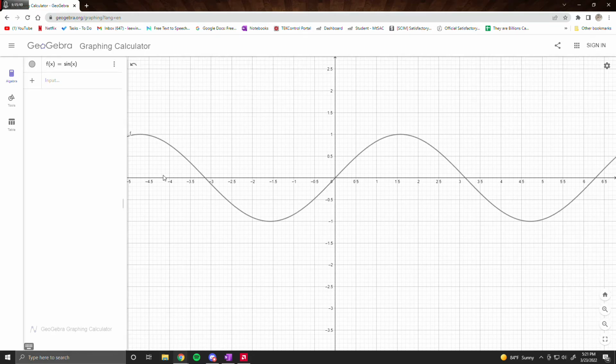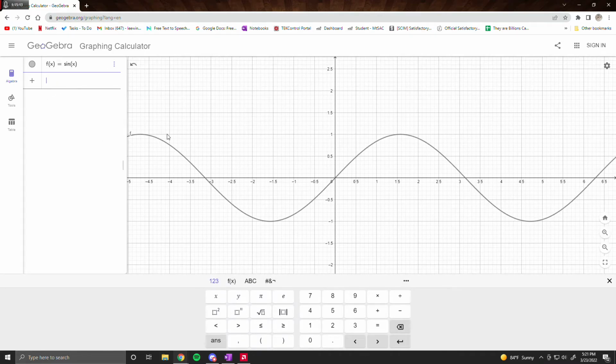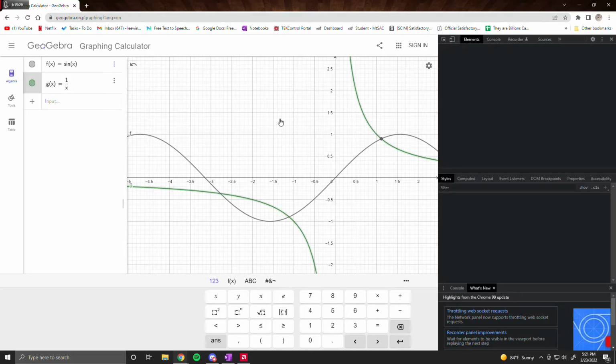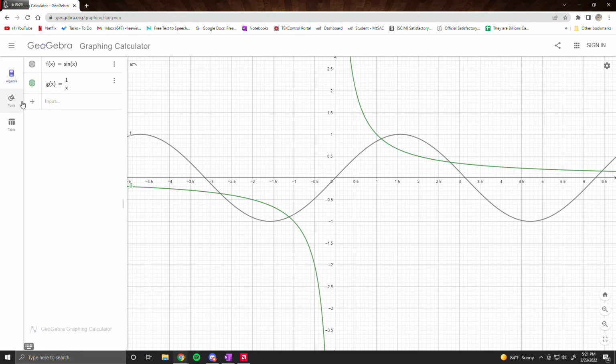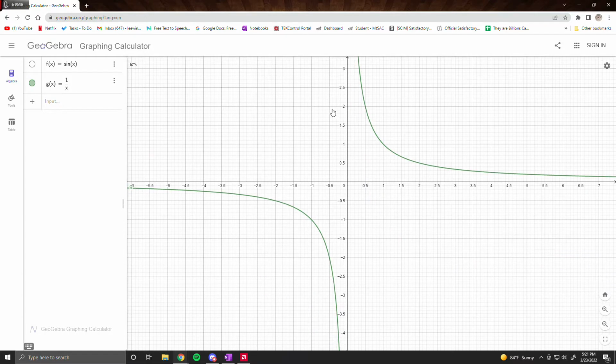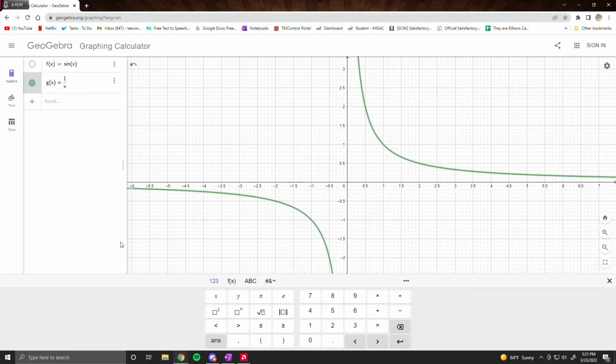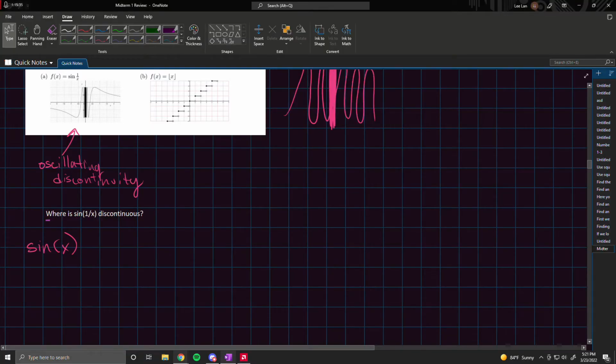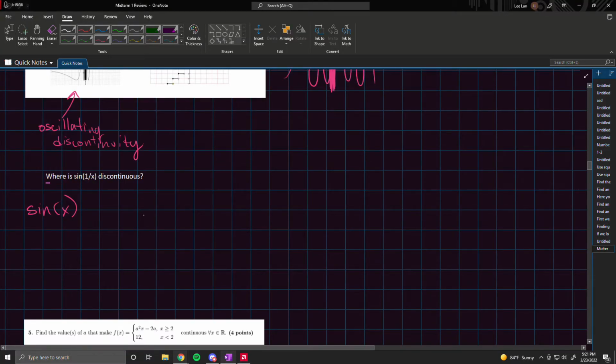But if you plug in, say, 1 over x, the only issue is x can't be 0, right? Because you get this vertical asymptote. So sine of x is fine, it behaves. 1 over x is the one where x cannot be equal to 0.